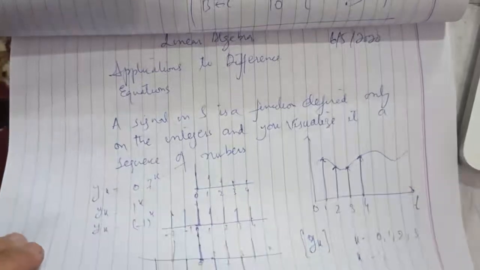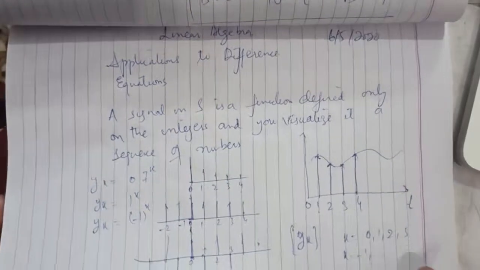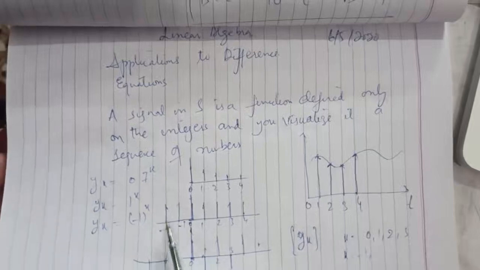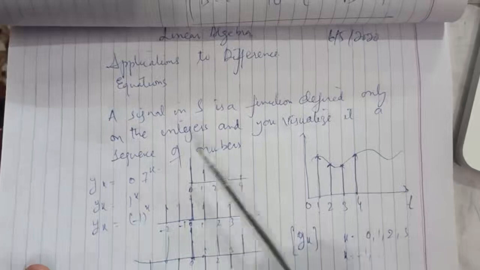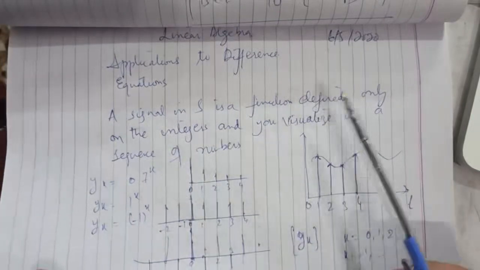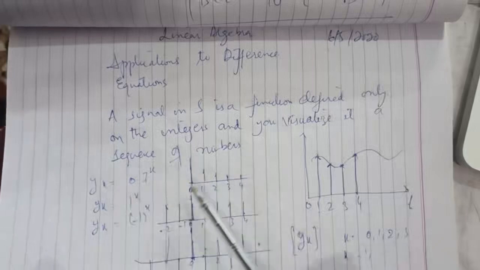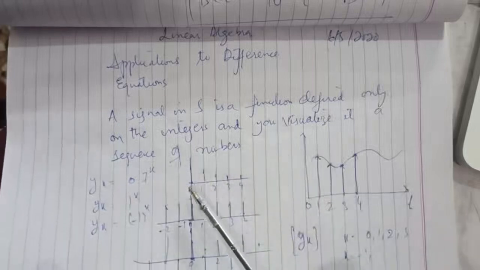As I told you earlier, one of the very prominent examples of these discrete signals that lead to difference equations is an audio signal. So audio signal is one prime example.